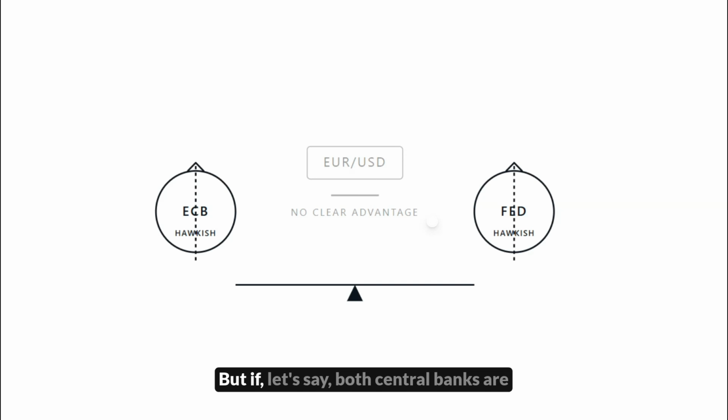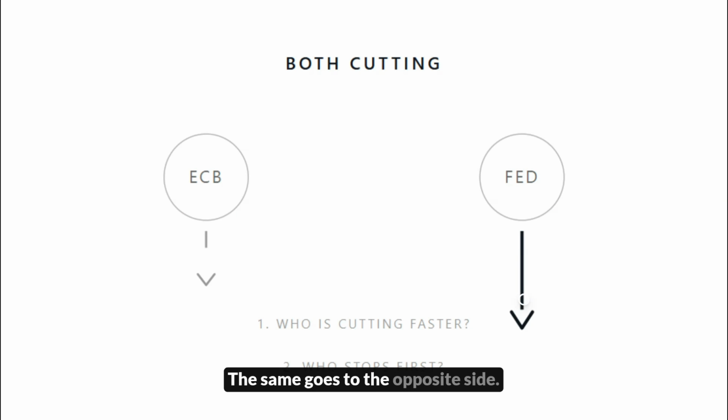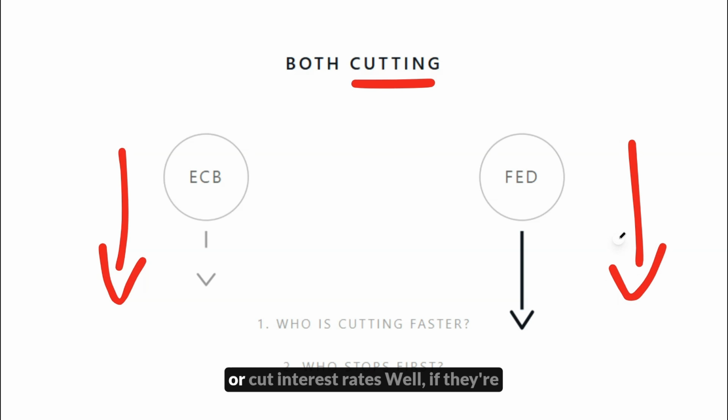But if, let's say, both central banks are becoming hawkish, so both want interest rates high, well, then there's no clear advantage in these two currencies competing against each other. The same goes for the opposite side. If both, for instance, are cutting interest rates, and if they're moving at the same speed, with the same conviction, there's nothing much to do.